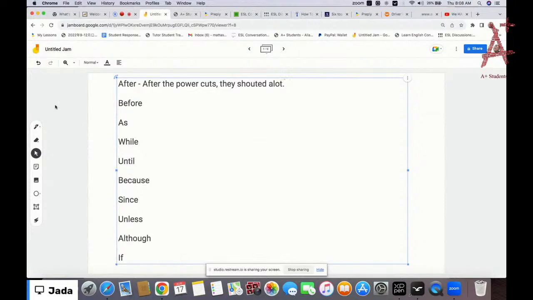Okay, so this is the first one, and then for before: The darkest hour is that before the dawn.